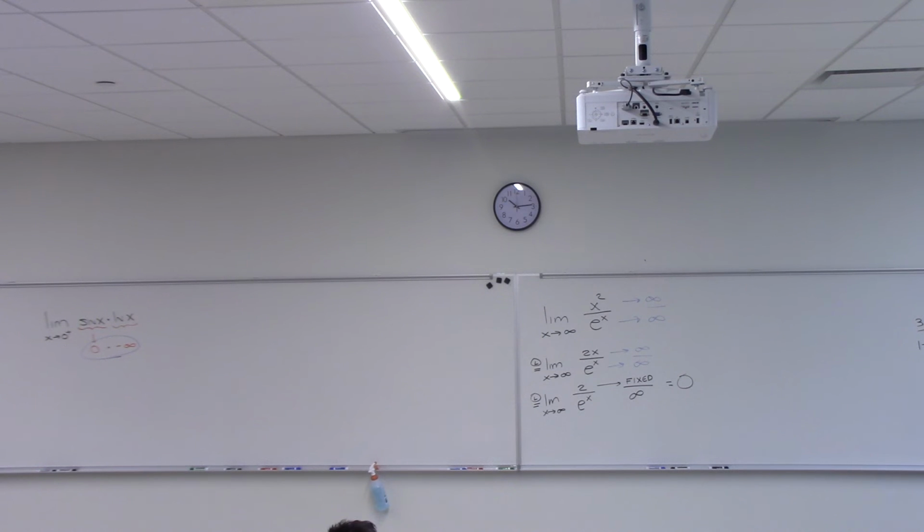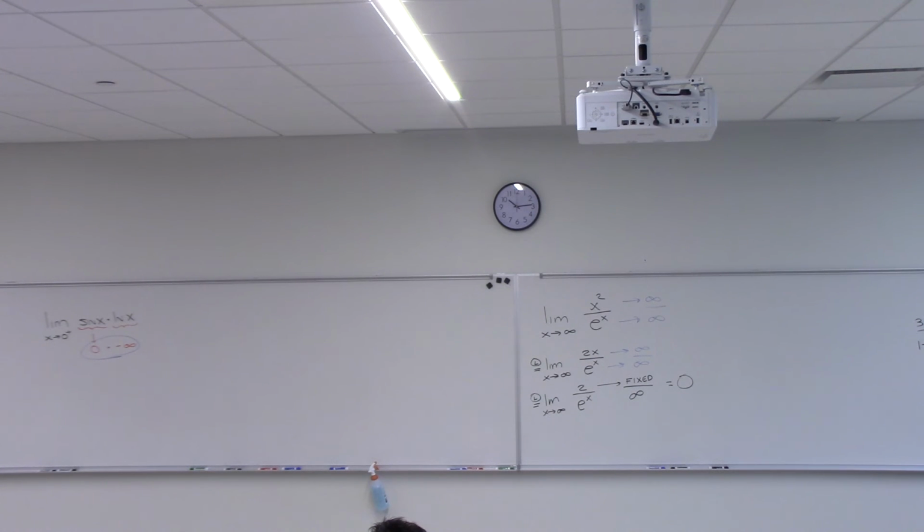Remember this page right here, with the boxes on it that shows the different types of limits and what to do? Look in the top left of this box. We have talked about what to do with infinity over infinity. Now we even have L'Hopital, so we've got more tools for that. We know how to deal with that, and we know how to deal with that. We have not done that, or that. We haven't looked at any of those.